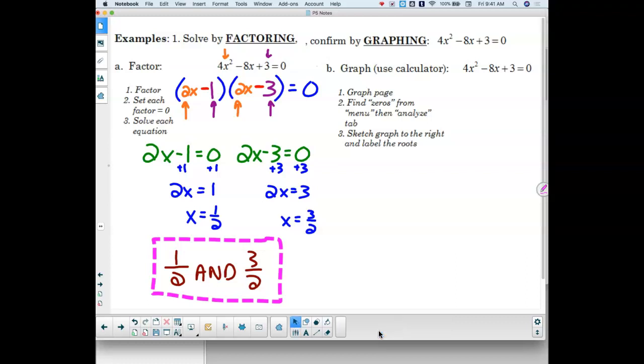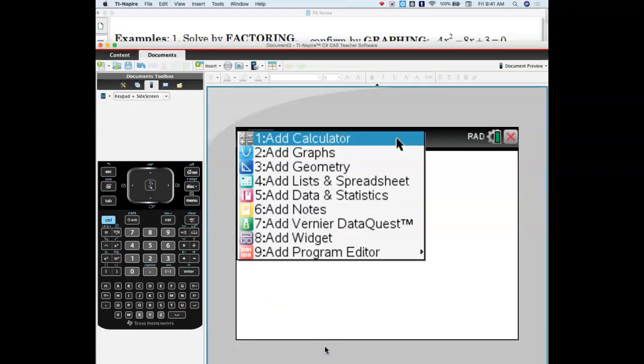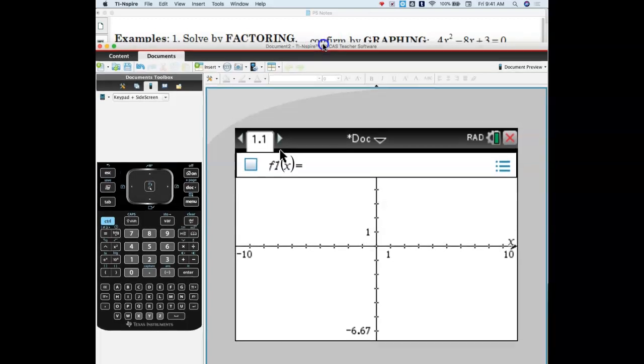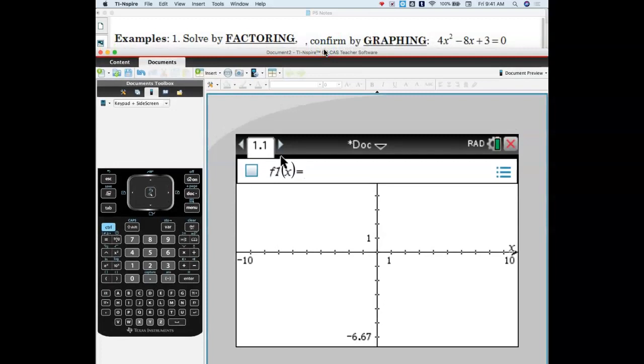Graphically now, on the calculator, I would first off add a graph. And then I would say to myself, as long as I have my equation equal to 0, bring this down just a little bit, that way we can see it.